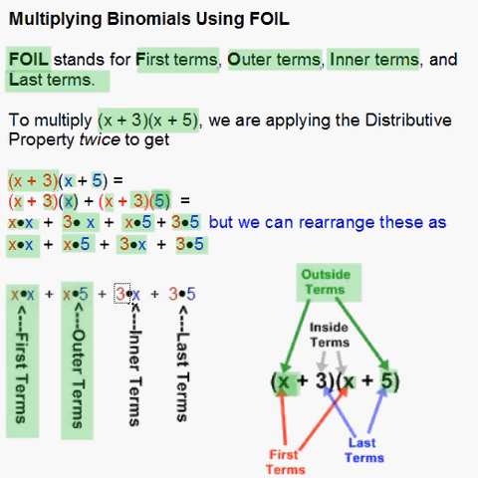The 3 times x makes up the inner terms, the 3 times the x. And then finally the 3 times 5 makes up the last terms, 3 times 5. And you can see from this illustration on the right where the terms are in these two binomials.